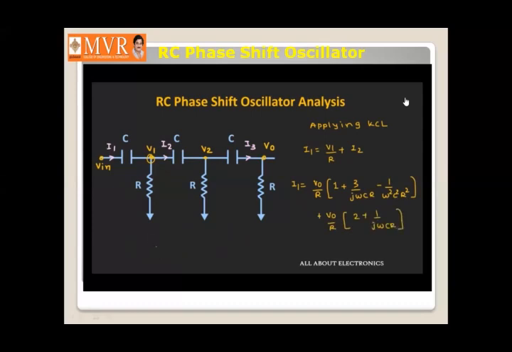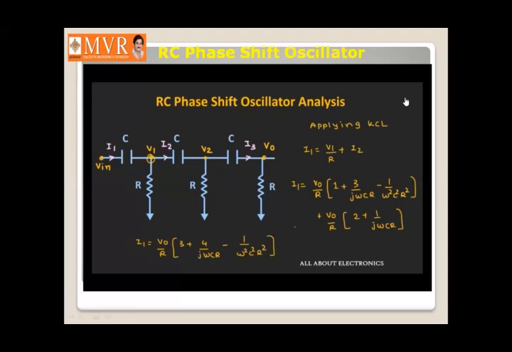So if we simplify this expression, then the value of I1 will be equal to VO by R times 3 plus 4 by j omega CR minus 1 by omega square C square R square.